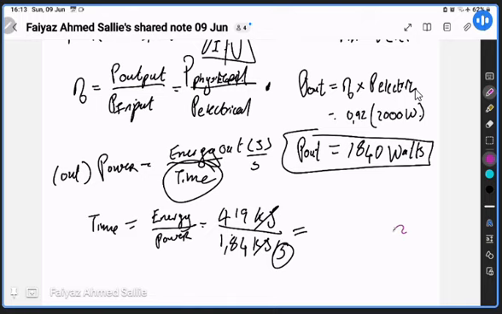When we punch this into our calculator, 419 over 1.84, we get 240 seconds, and we're going to divide that by 60 seconds. So we get 3 minutes, right?